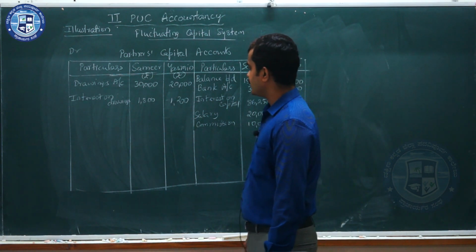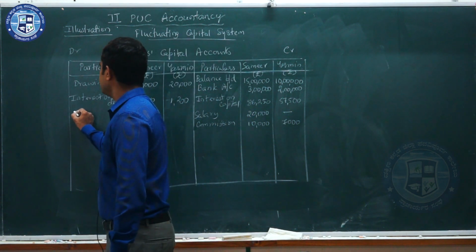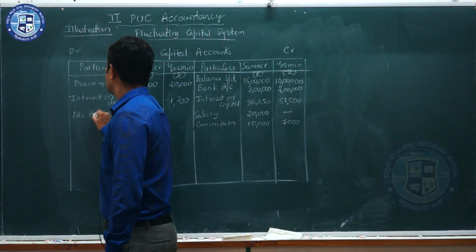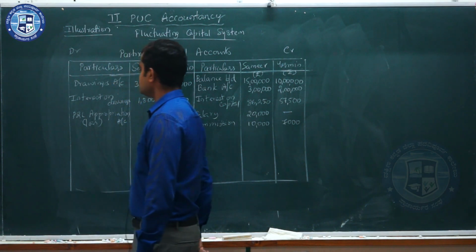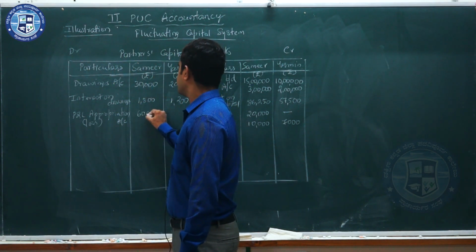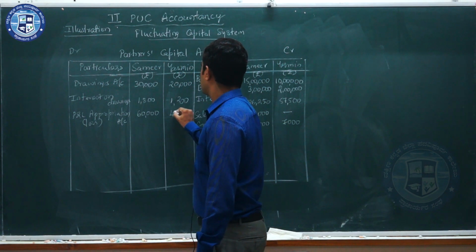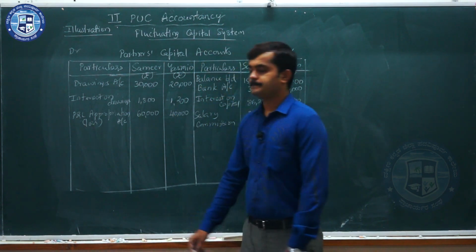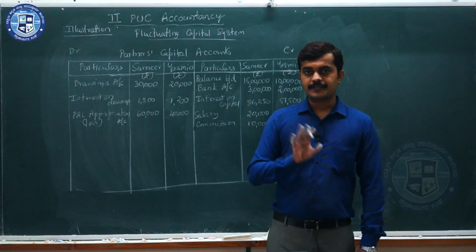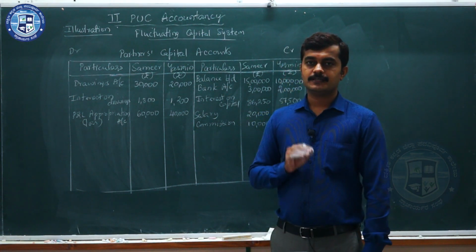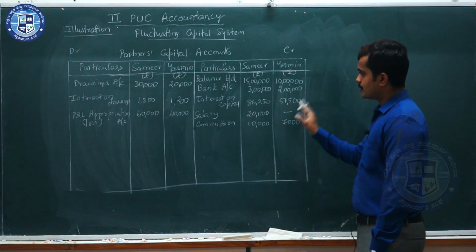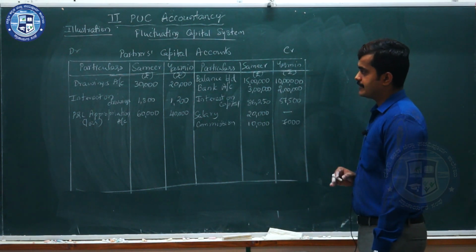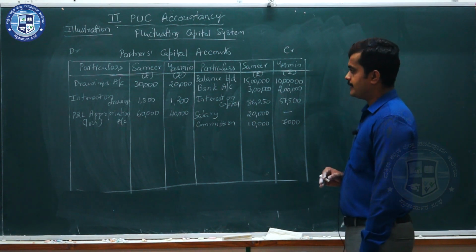And the last, share of loss on the debit side as profit and loss appropriation account, 60,000 for Samir, 40,000 for Yasmin. We have recorded all transactions through their capital accounts only, because this system is fluctuating capital system. Let us total the credit and debit side and find out the balance.